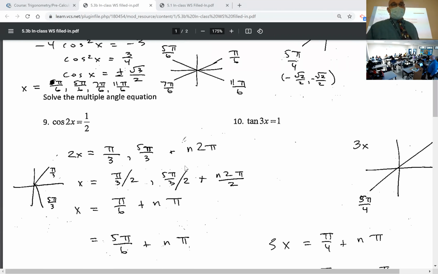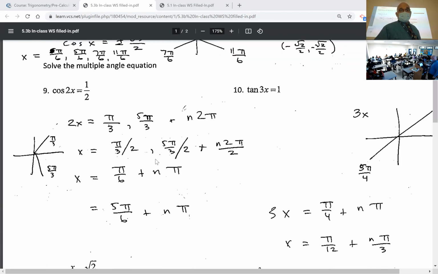I've got cosine of 2x equals 1/2. That says that 2x is equal to either pi over 3 or 5 pi over 3, because that's where cosine is equal to 1/2, plus any number of iterations around the circle, plus n2 pi.